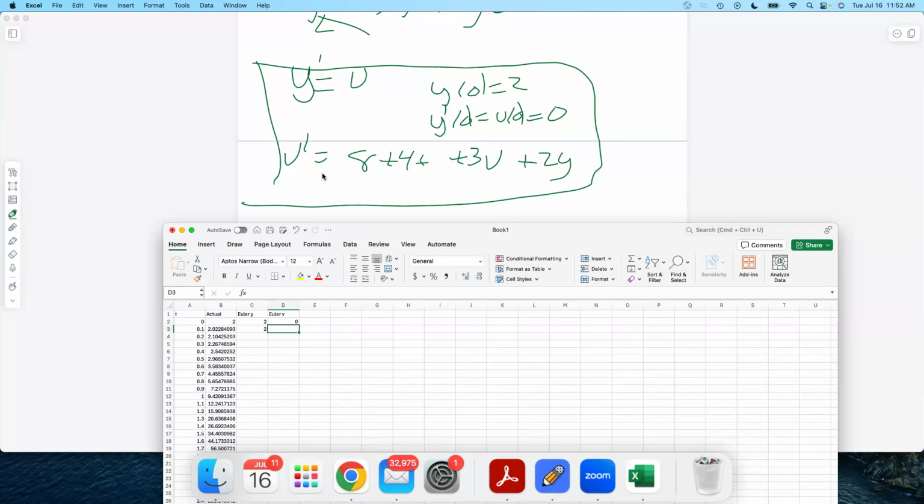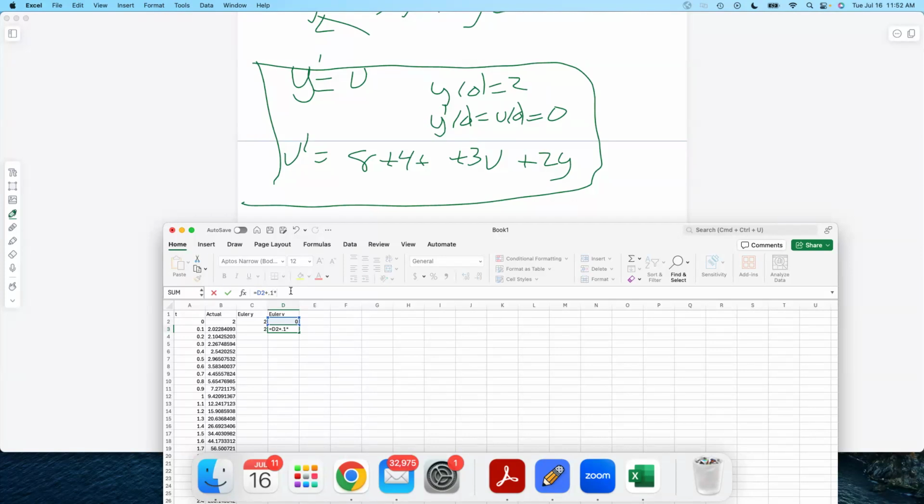My next V, this one's going to take a little more typing, but it's right there in front of me. So this next V will equal the last V plus my derivative. I need all this, and that all has to be times delta T. So I'm going to put 0.1 here times all this.